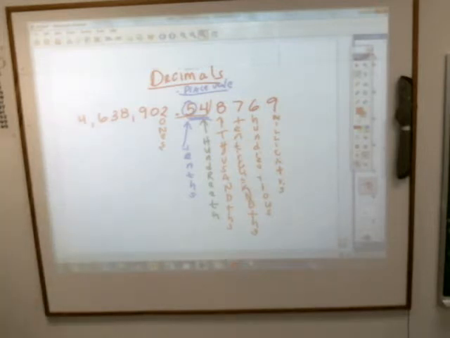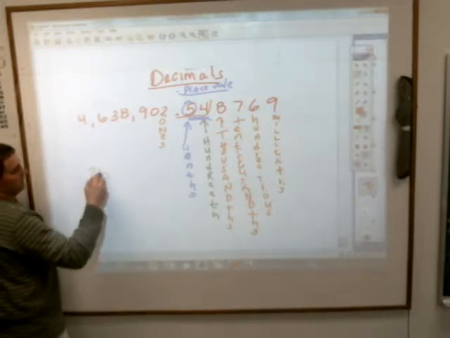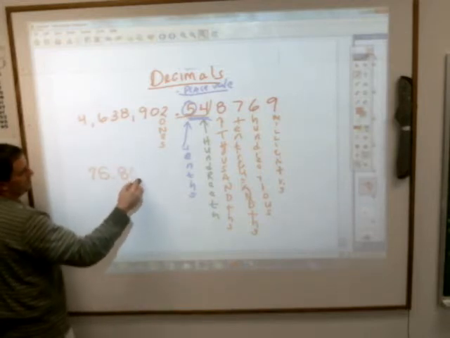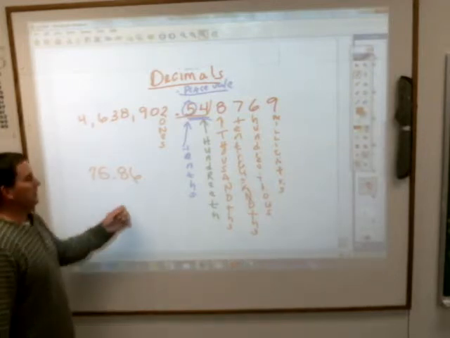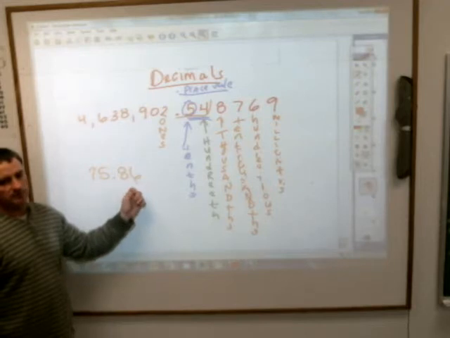Let's see what else they ask us here. They're only asking you the place value of stuff here, so they're going to give you a number like 75.86, and they're going to ask you what's the place value of the 6? If you look at this number, the 6 is 6 what?